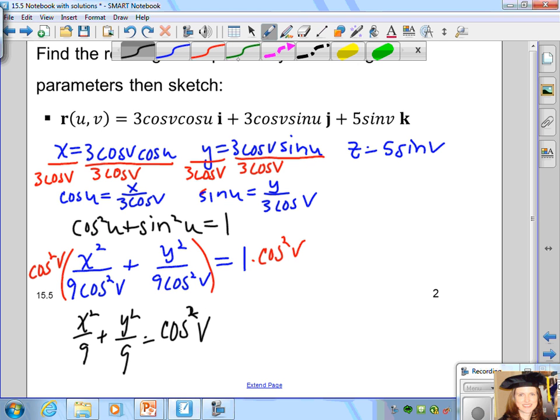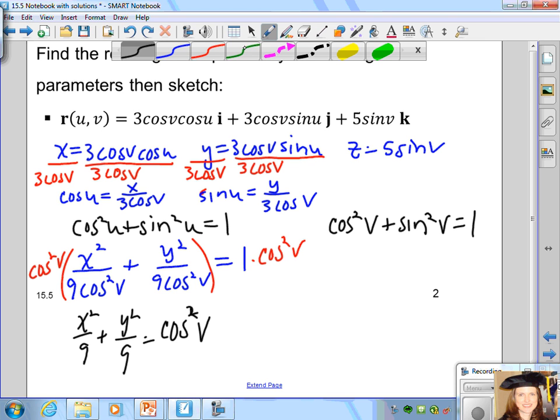Now I want to use the trig identity that involves v with the cosine. If we use the identity cosine squared v plus sine squared v, we know that is going to equal 1.